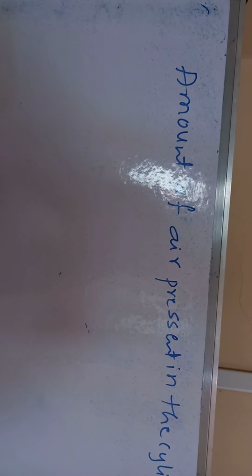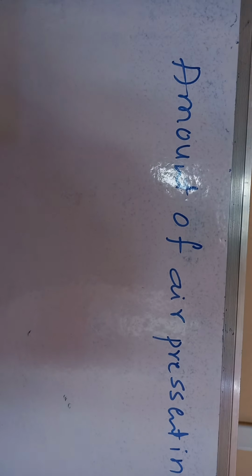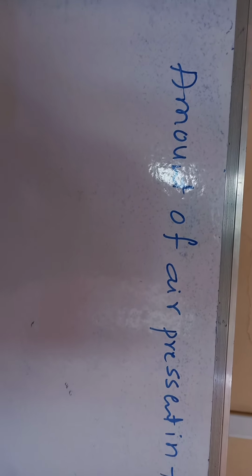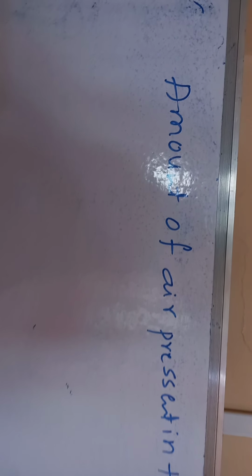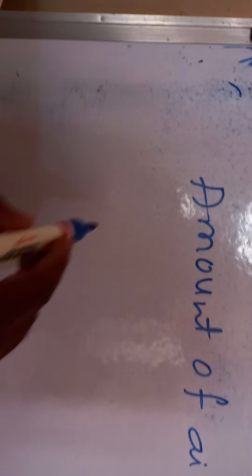Clear? So the amount of air present in the cylinder before removing 1 by 4 is x units. Clear? Okay.